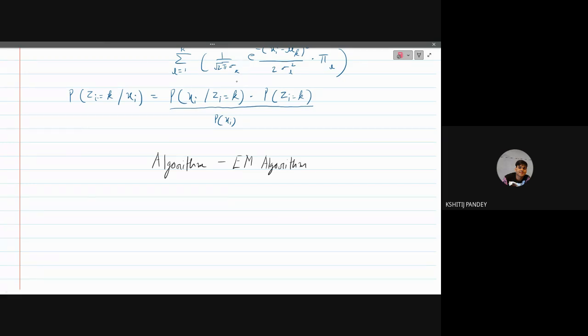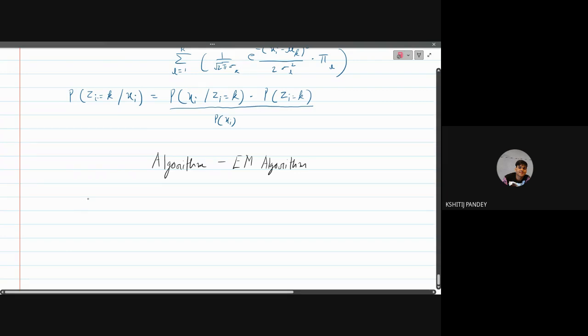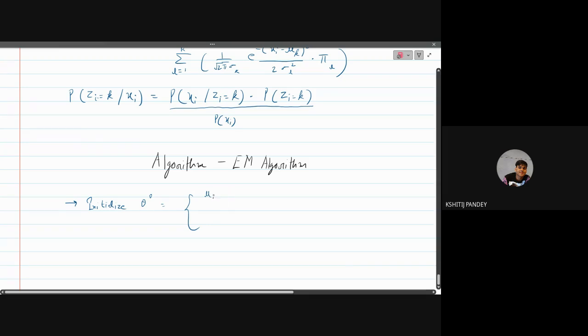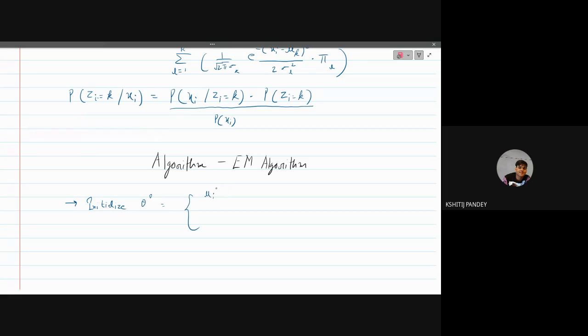Here, what we do is initialize the value of theta, where the zero denotes the zeroth iteration, and by theta we mean all the mu's, all the sigmas, and all the pi's.